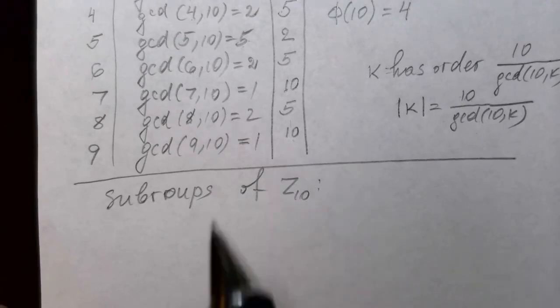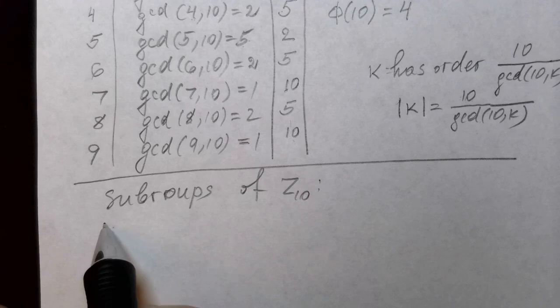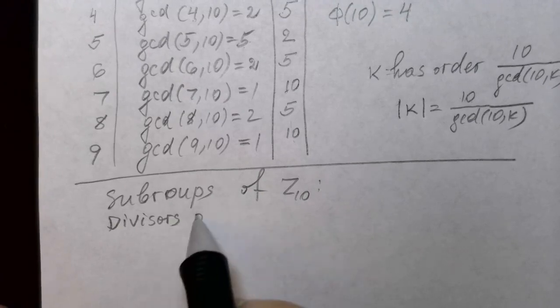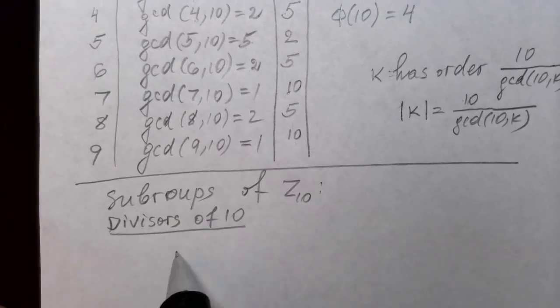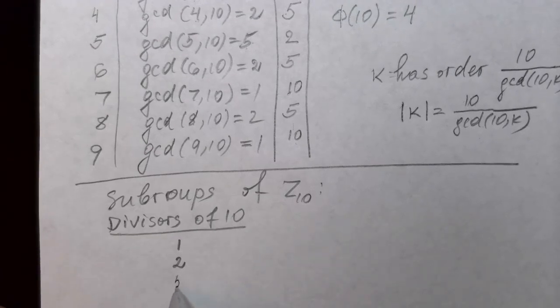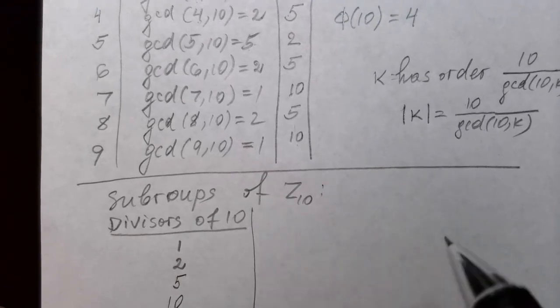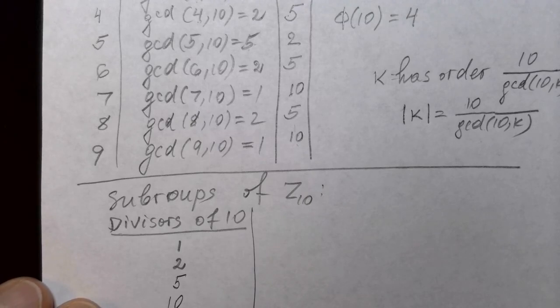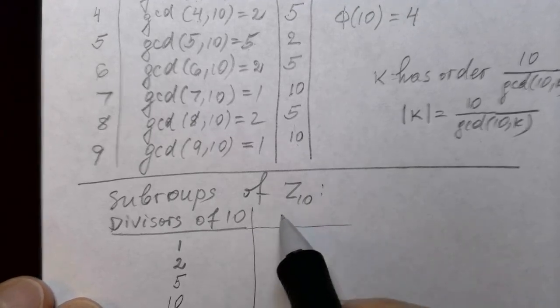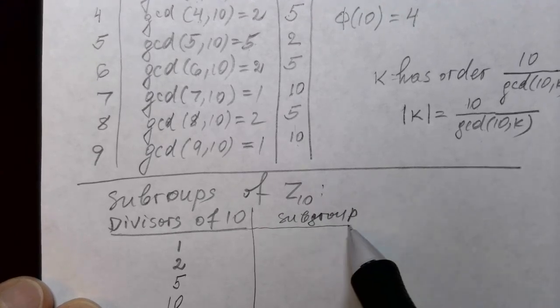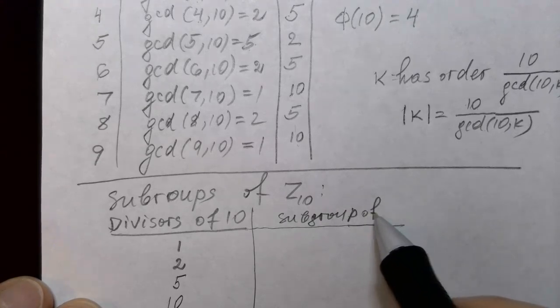The divisors of 10 are 1, 2, 5, and 10. For each divisor, we have one subgroup of that order. Subgroups of Z10.